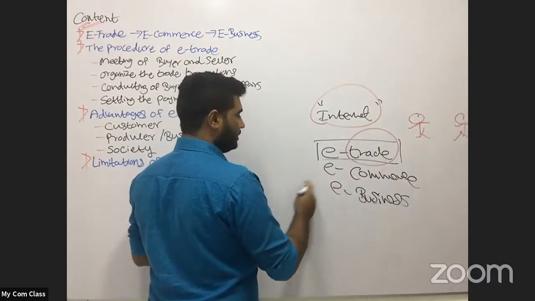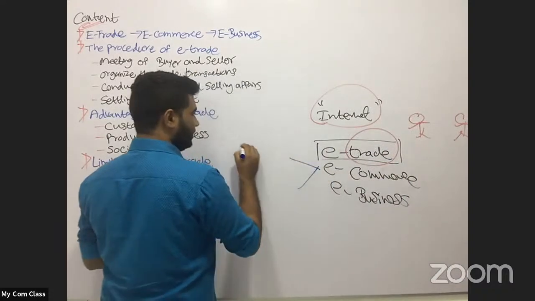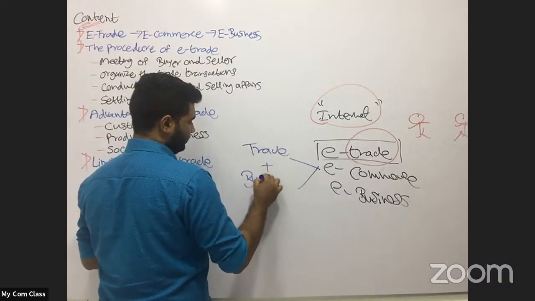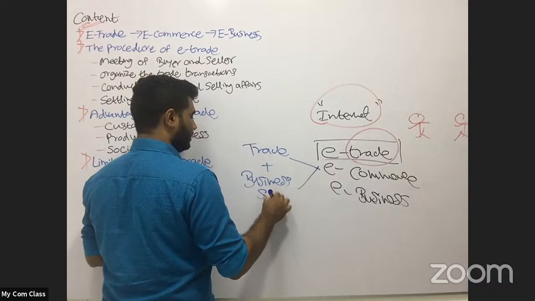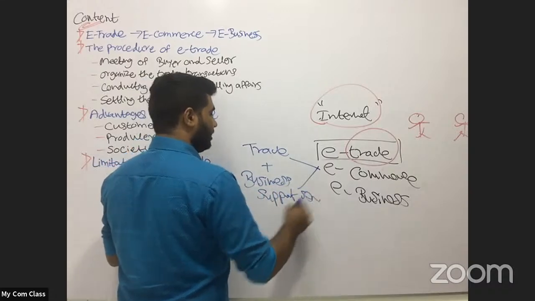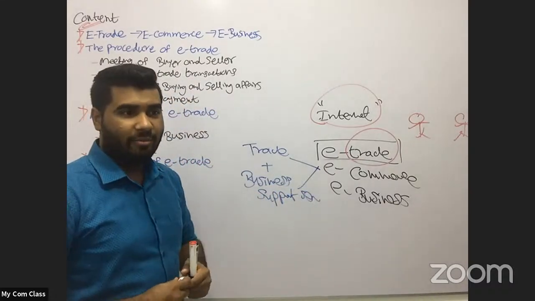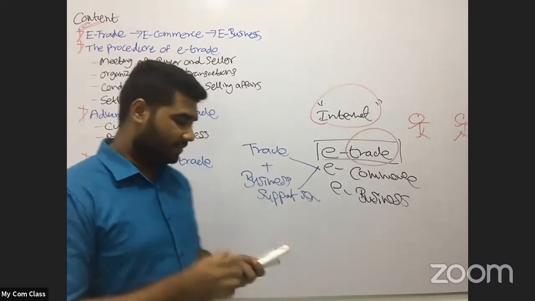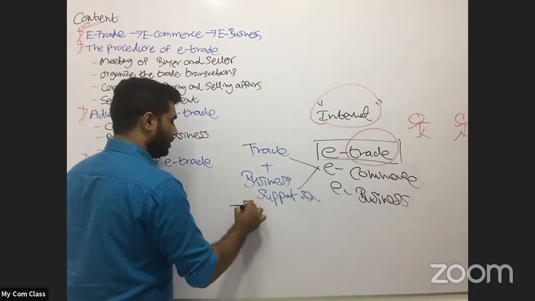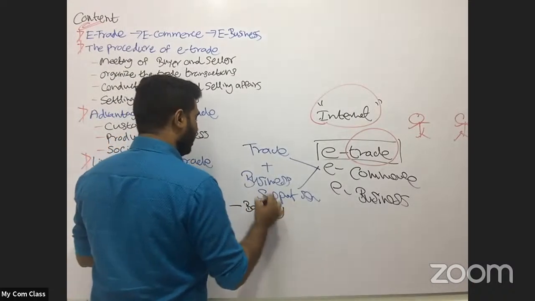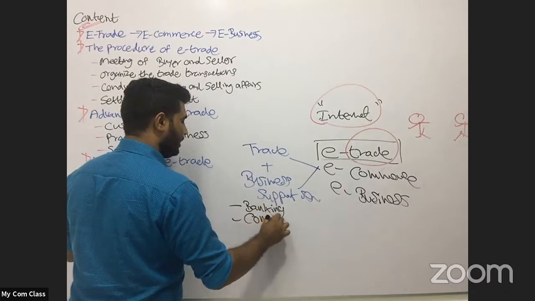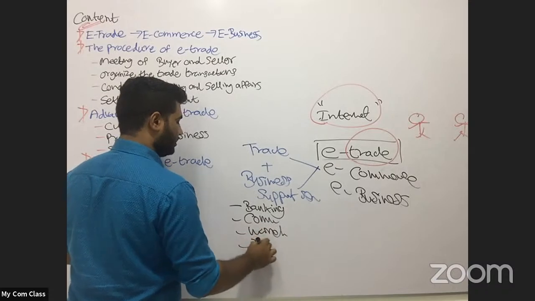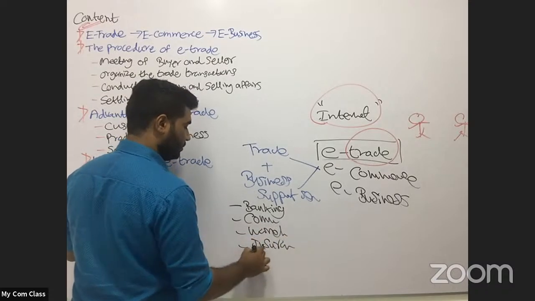Now you know what commerce is about: trade plus business support services. If I give a reminder of what business support services are, you have banking, warehousing, communication, insurance, transportation.